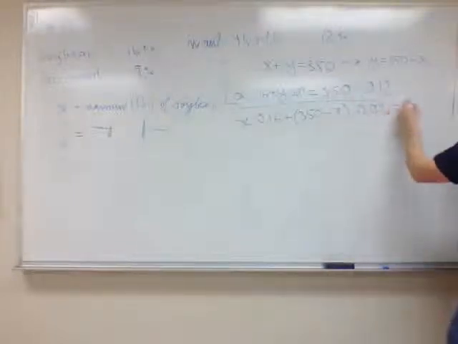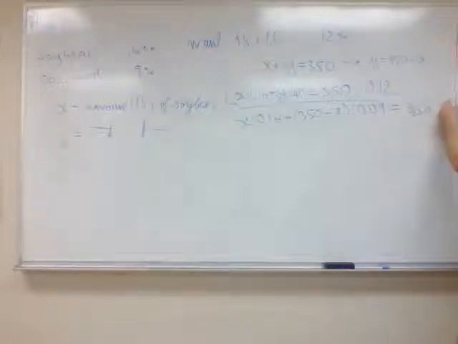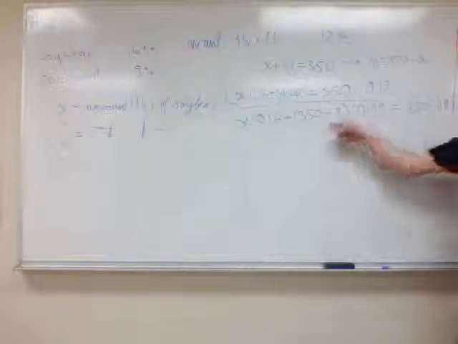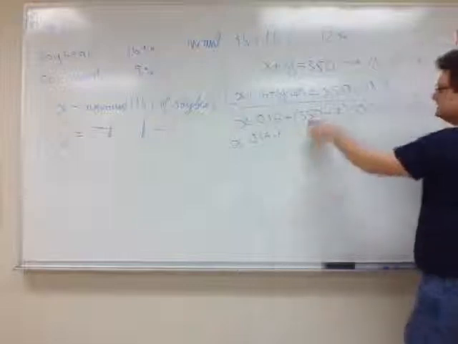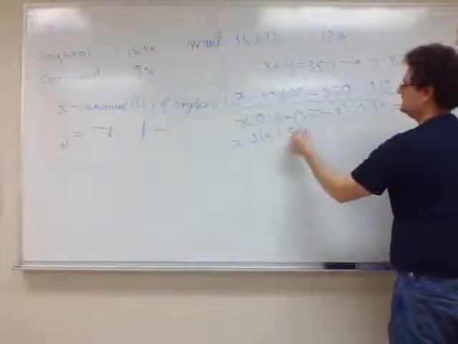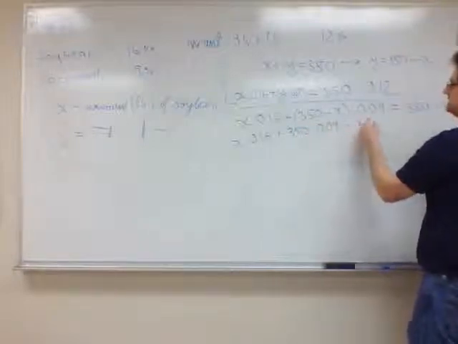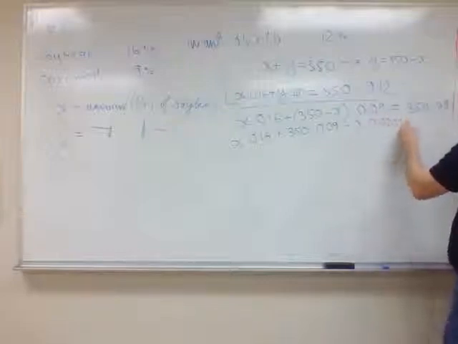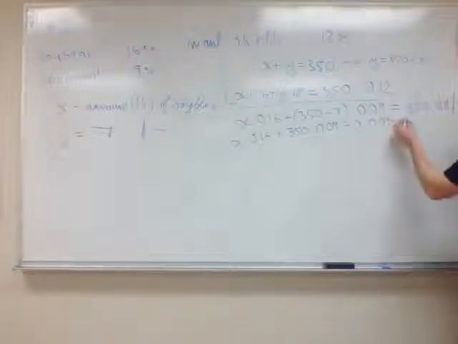That should be equal to 350 times 0.12. Okay? Now we distribute this, so we have X times 0.16 plus 350 times 0.09 minus X times 0.09. That should be equal to 350 times 0.12.